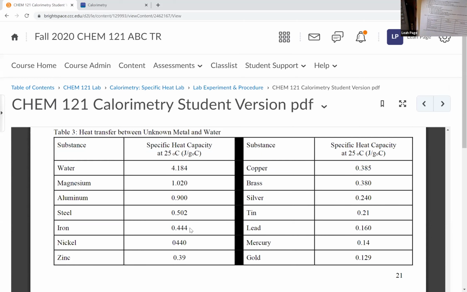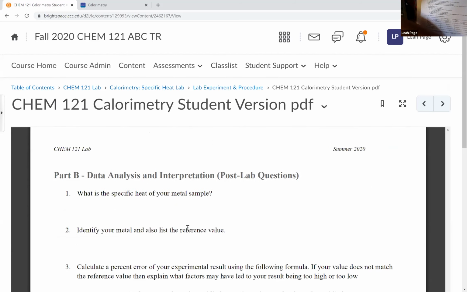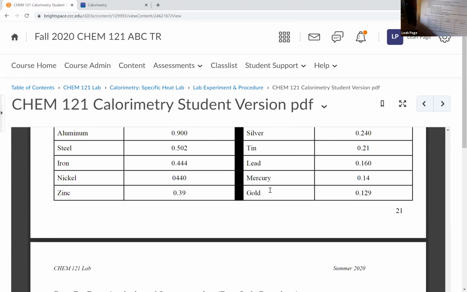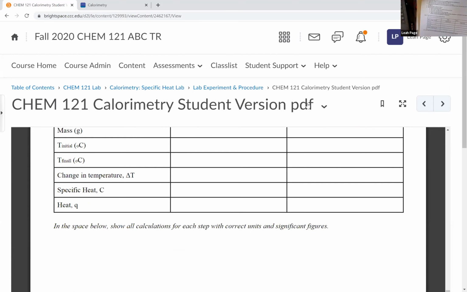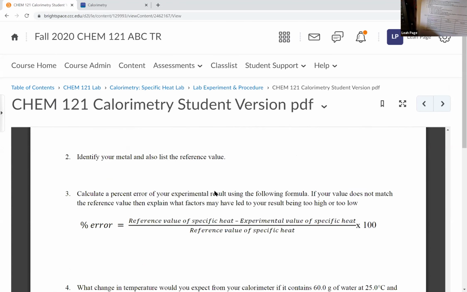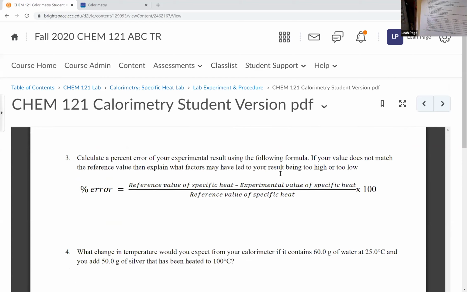The reference value for iron will be 0.444 joules per gram degree Celsius. The experimental value that you would write down for iron is the one that you wrote down in your table. So meaning the one that you calculated here for your unknown metal. Okay, and then we're going to subtract those two and then divide it again by the reference value, which would be 0.444.